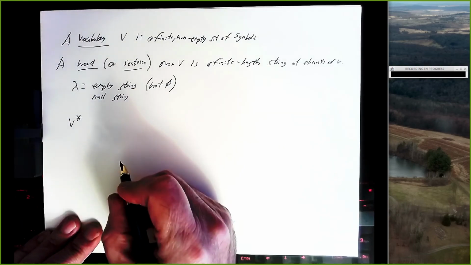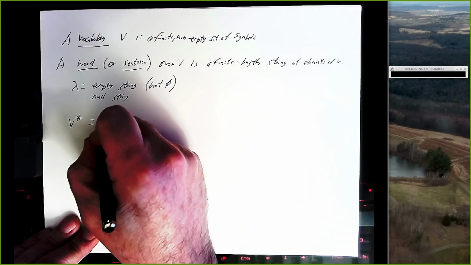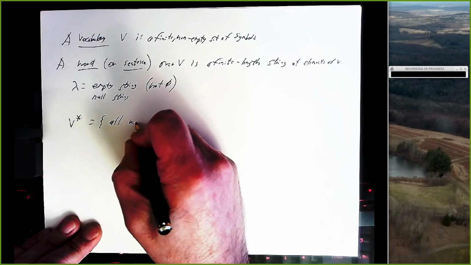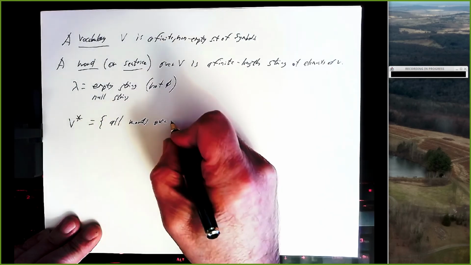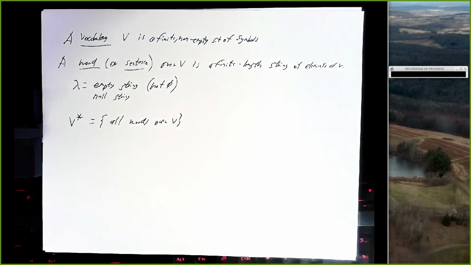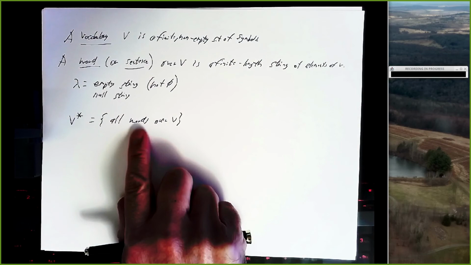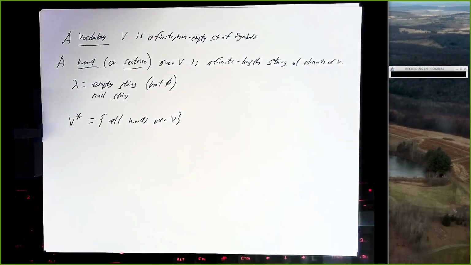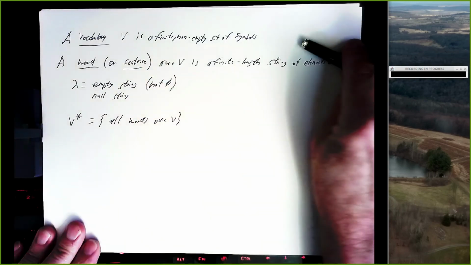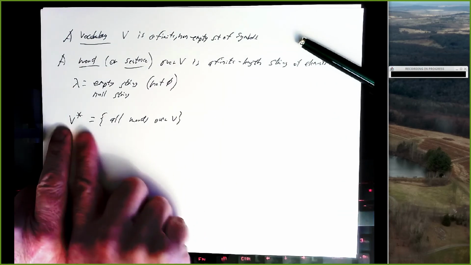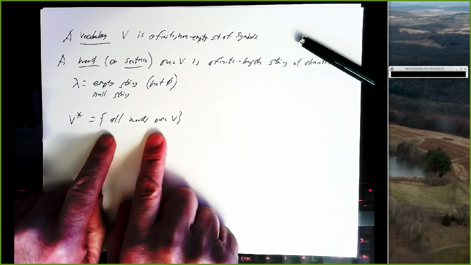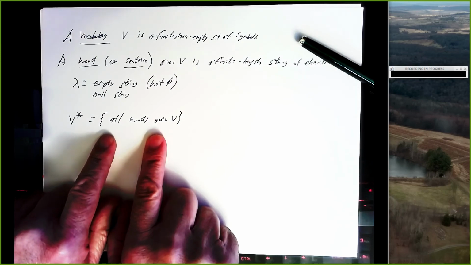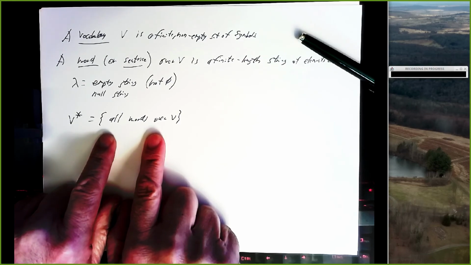All right, V with a star is a set. It's the set of all words over V. So V star is the set of all words over V, the set of all finite length strings of elements of V. If V was the set of letters A through Z, this would be the set of all different combinations that you could make of letters, as long as the string that you came up with was finite length.